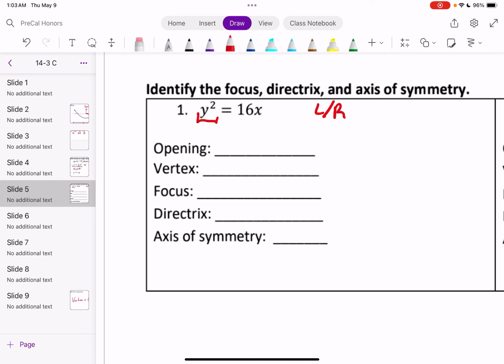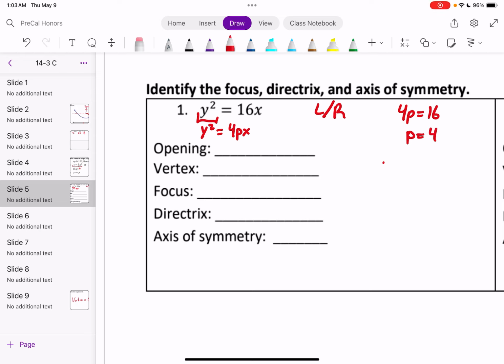Now, as we work through our problem, we need to figure out whether we are going to go left or right. Keep in mind, our generic equation would be y squared is equal to 4px, which means we're going to get 4p and equal it to 16. So p is equal to 4.